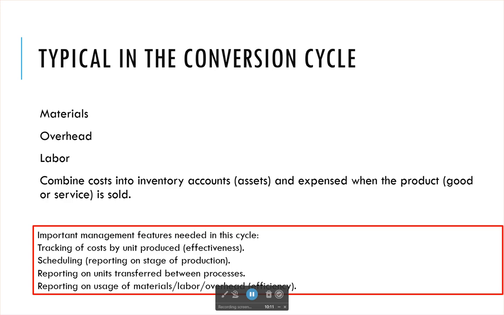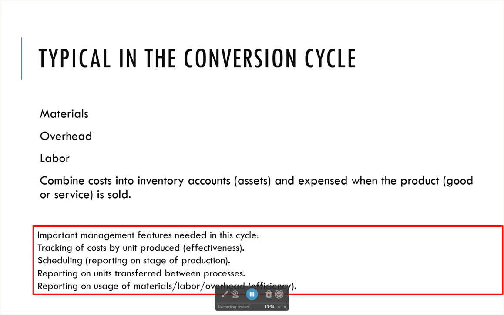There is scheduling that has to be done, whether you're working with a restaurant or a manufacturing plant. You're talking about what the needs are, and you're gearing up for providing finished goods or finished services to the customer.